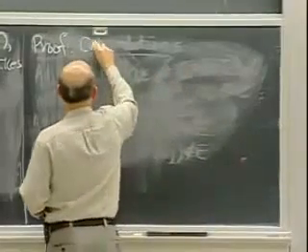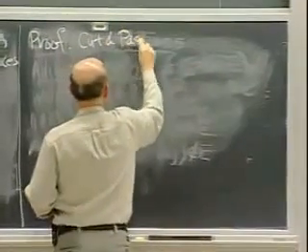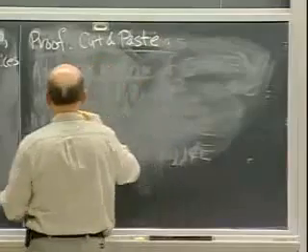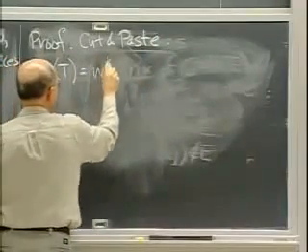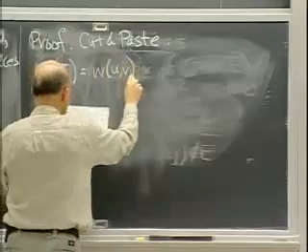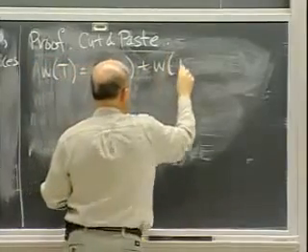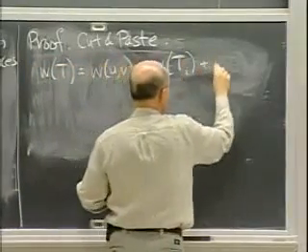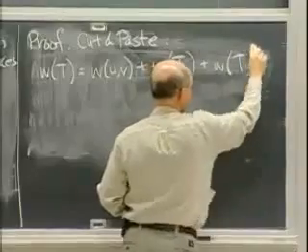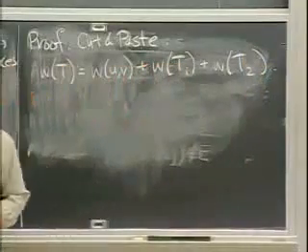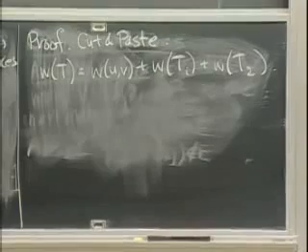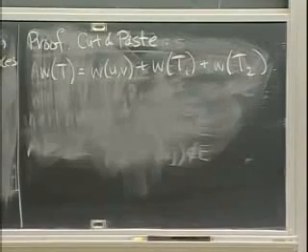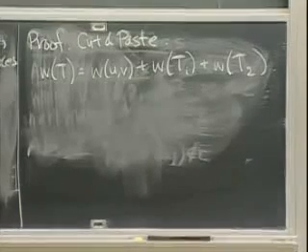Cut and paste. So the weight of T I can express as the weight of the edge I removed plus the weight of T1 plus the weight of T2. So that's the total weight.